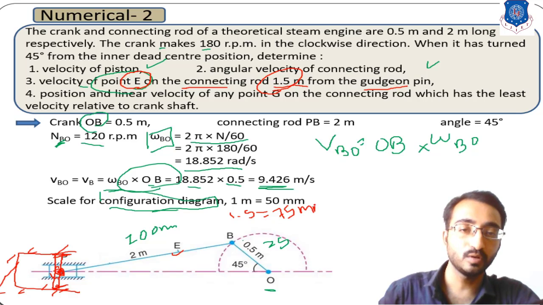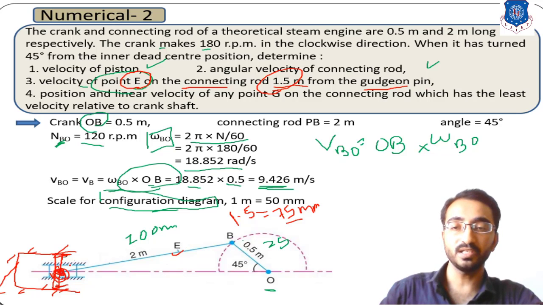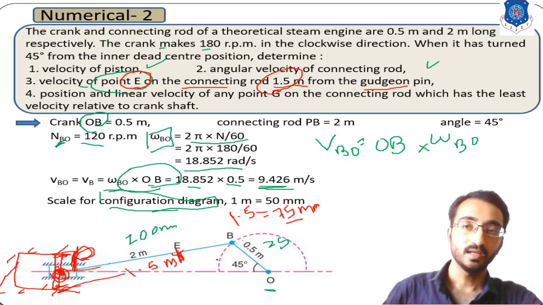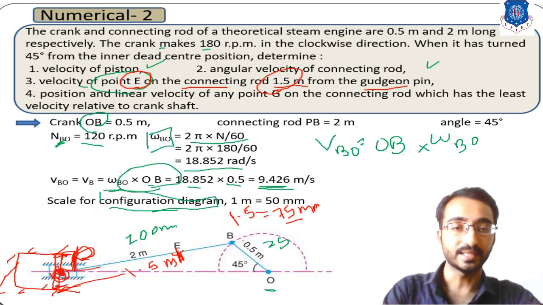You can simply calculate that if 1 meter is equal to 50, then 1.5 is equal to 75 mm. And this 75 mm is from which point? From the Gudgeon pin, and the Gudgeon pin is nothing but your piston point. So from point P you have to sketch one point that is at 1.5 meter. So over here you have to sketch point E at 1.5 meter in this way. Clear? Okay, so now let's solve this numerical with the velocity analysis method.